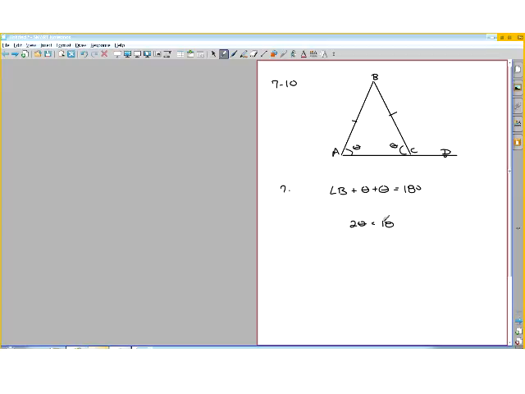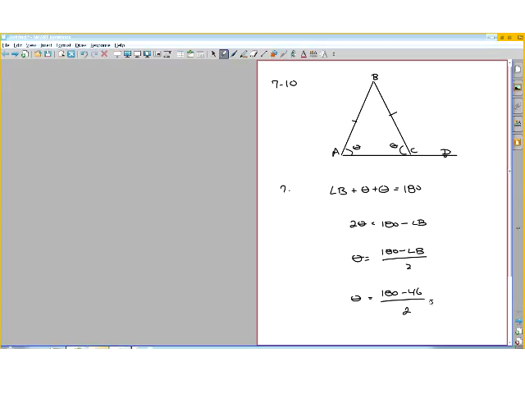And so we would get 2 theta is equal to 180 minus angle B. And so theta is equal to 180 minus angle B, divided by 2. So we just plug those in, and we have 180 minus B, which is 46 degrees, divided by 2.